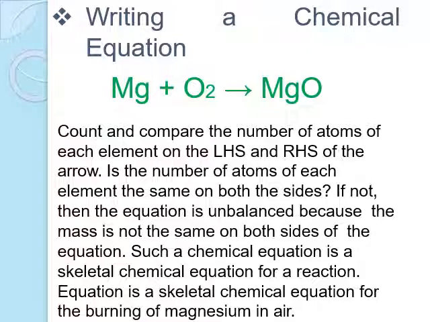If not, then the equation is unbalanced because mass is not the same on both sides of the equation, and we have already dealt with the law of conservation of mass. Such a chemical equation is said to be a skeletal chemical equation. So this equation shows the skeletal equation for the burning of magnesium in air.